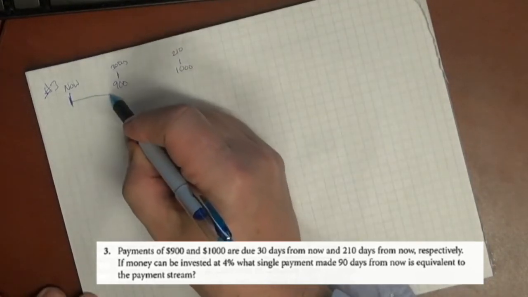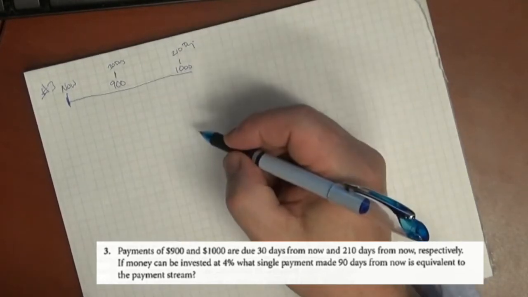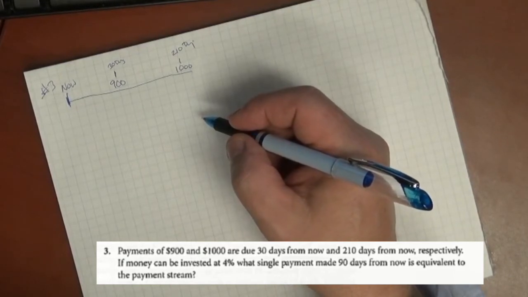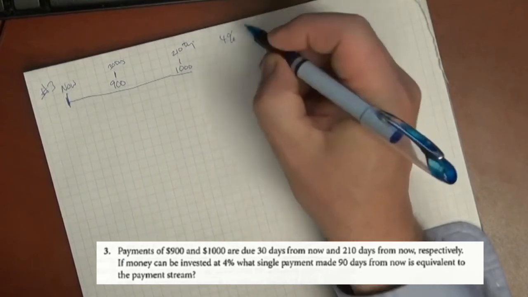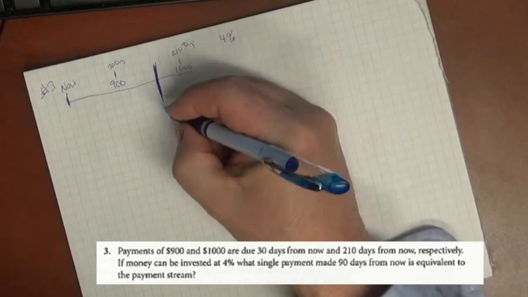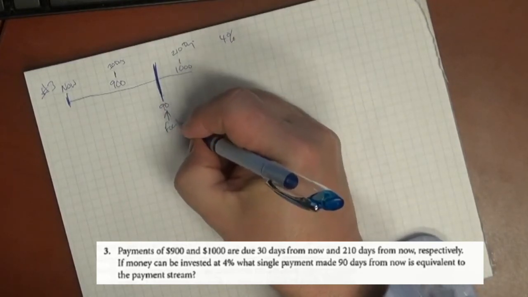So we draw a little line here. This is 210 days. Now we're saying it's earning 4%. What is that worth on day 90? So here's our day 90, and this will be what's called our focal point.